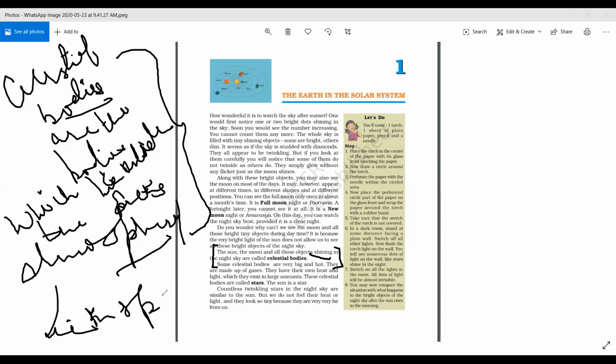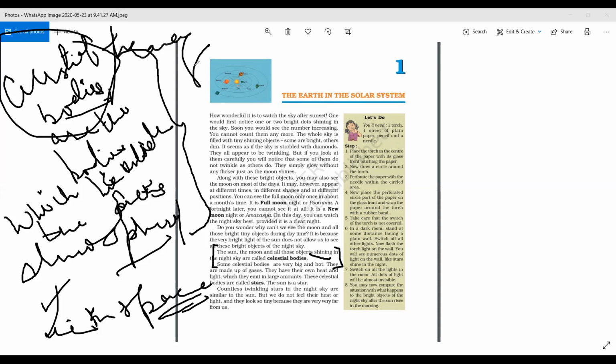Anything which is outside the Earth's atmosphere, that means it's in space, is a celestial body or a heavenly body. Is this much clear to all of you?